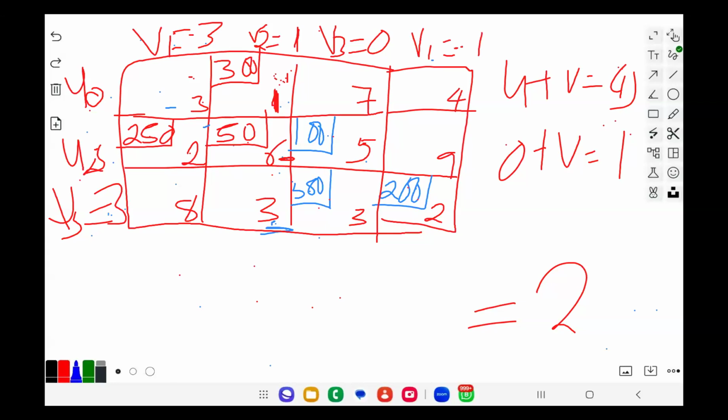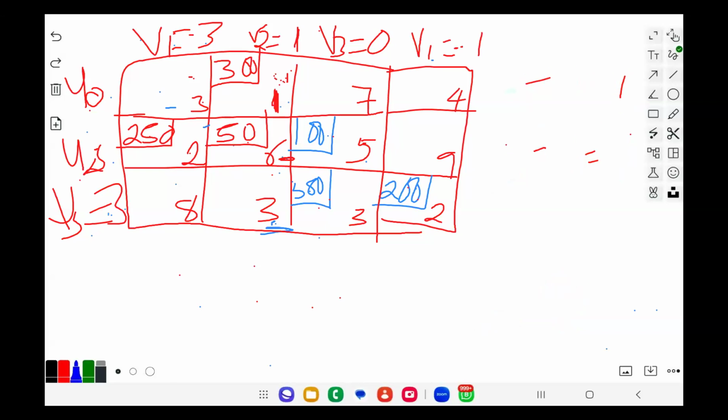So again, when we get here, what do we do now? We find the penalties. I'll do it fast because we are repeating the same stuff. Penalties are found by saying U plus V minus Cij is equal to penalty. Let's find the cell numbers.